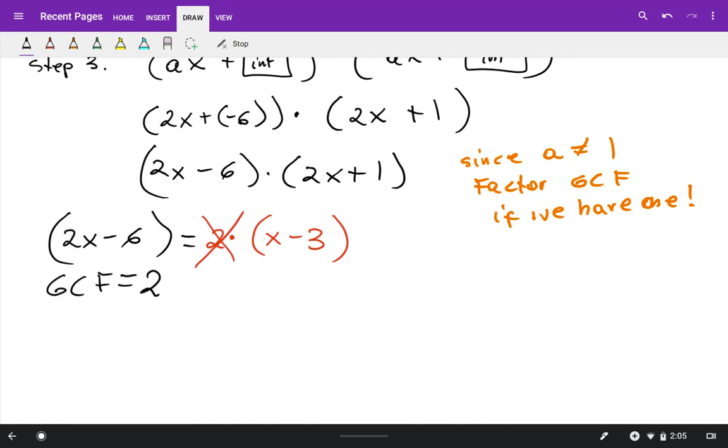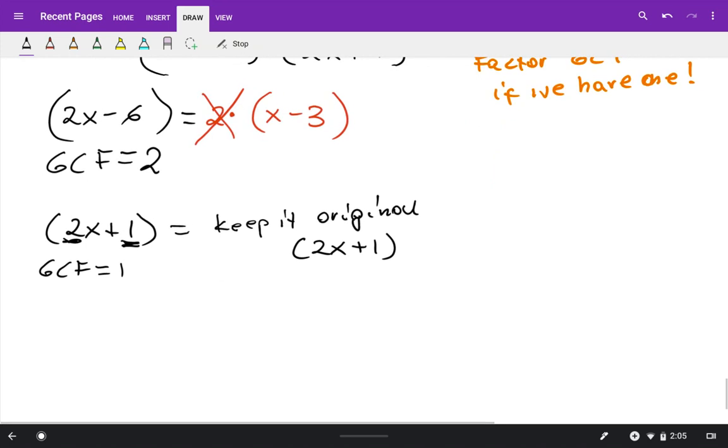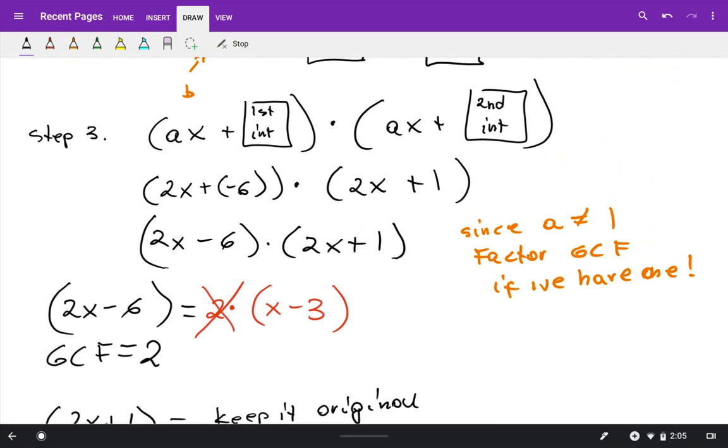Now you're going to do the same thing with the second factor. So you have 2x plus 1. Now GCF of 2 and 1, it's just 1. So when GCF is equal to 1, just keep it original. So that will just stay as 2x plus 1. Now we're going to replace this parenthesis with x minus 3 because we need to ignore that GCF.